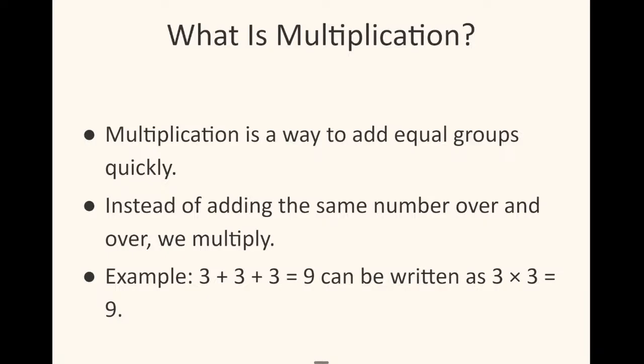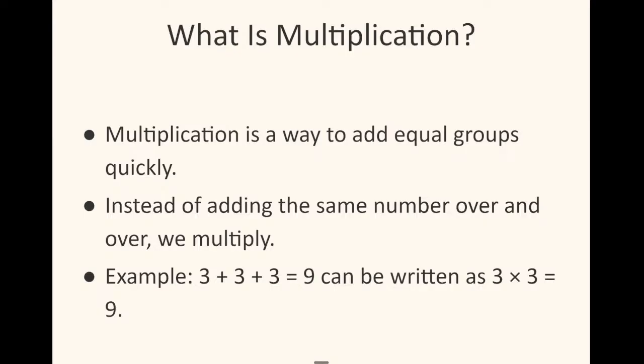So, multiplication is a way to add equal groups equally. So instead of adding the same number over and over again, we can just multiply it to simplify the equation.